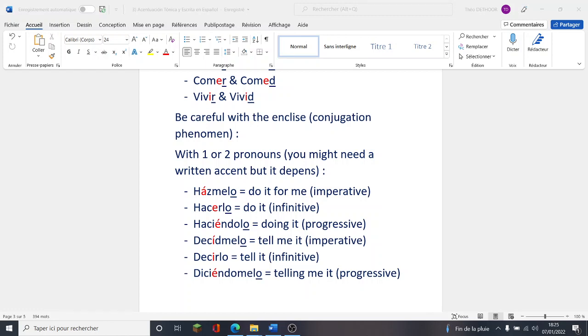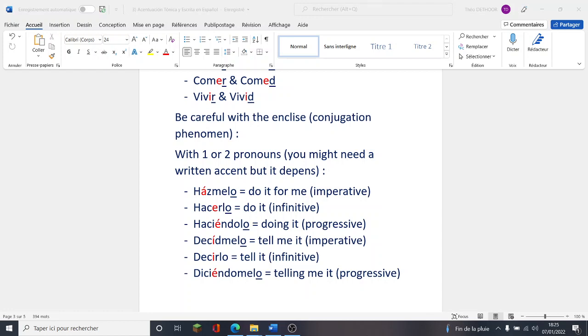The fourth example, decídmelo, is the imperative form of tell me it. So we want the I to be stressed, so you need an accent in this case. Fifth example is decirlo, tell it, in infinitive form. We don't need any written accent in order to have the I stressed.